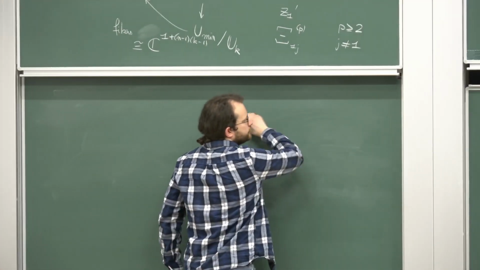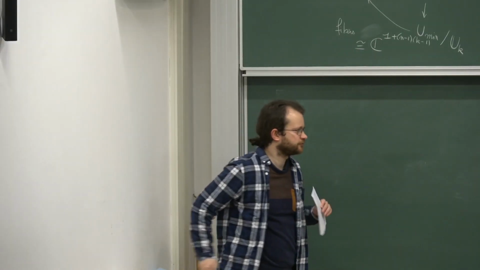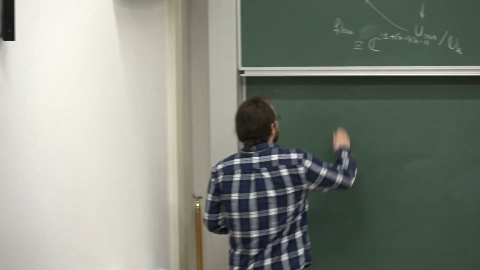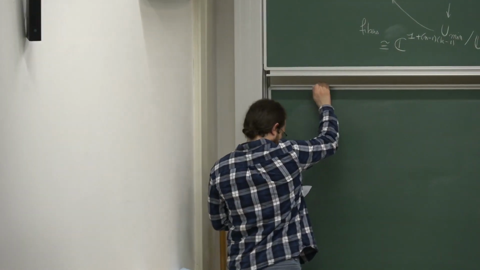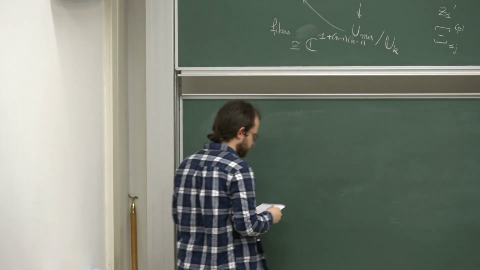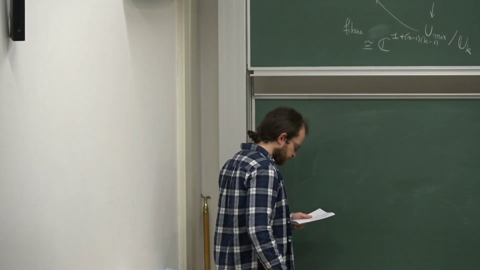In the article, they do the computation on the classifying space and then pull it back to X. The idea is quite similar, actually. It's another way, I think, of presenting the idea.